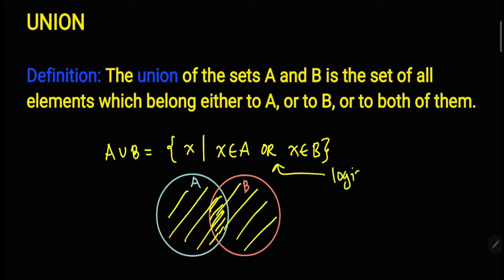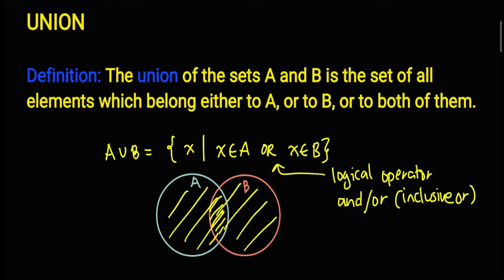In logic, the "or" means the inclusive or, meaning it can be in A or it can be in B or it can be in both of them, as we've seen in the Venn diagram.